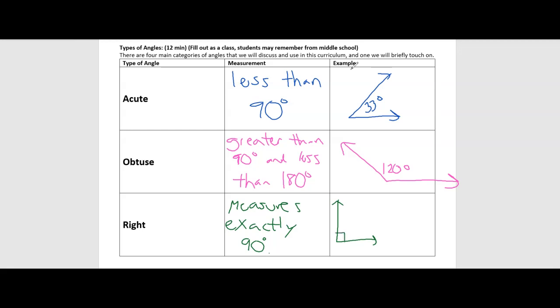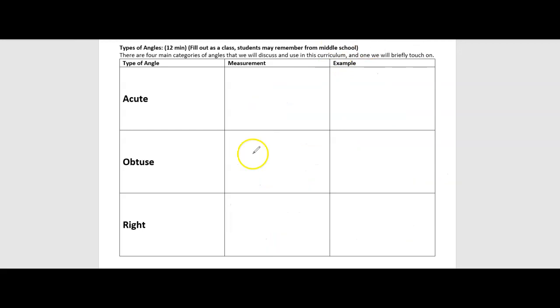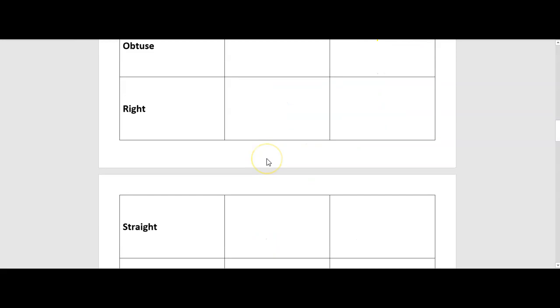We've probably seen that from a middle school geometry section of a math course. But you can either see the box, or you could also see it with a 90-degree measurement here. It's just far more common. Almost any time you see a diagram which has a 90-degree angle, it will have the box rather than saying 90 degrees. Okay, let's move on to, I believe we have straight angles next.